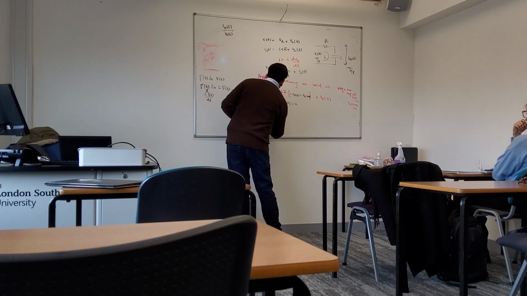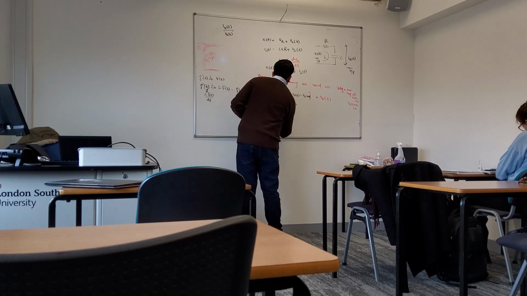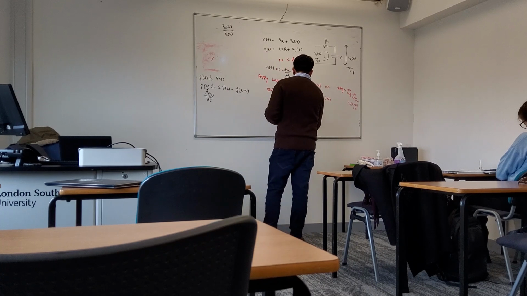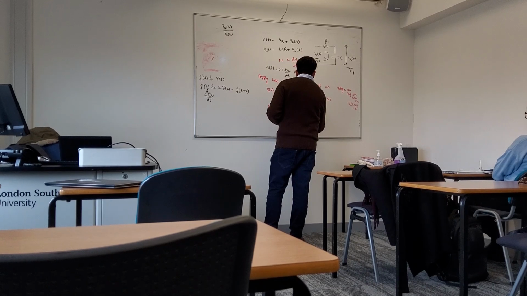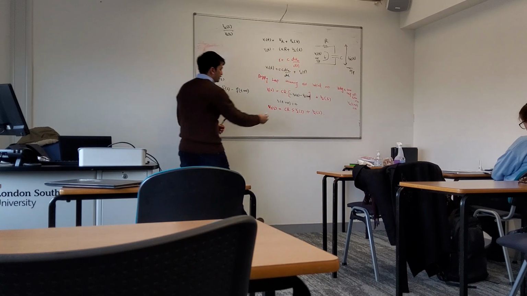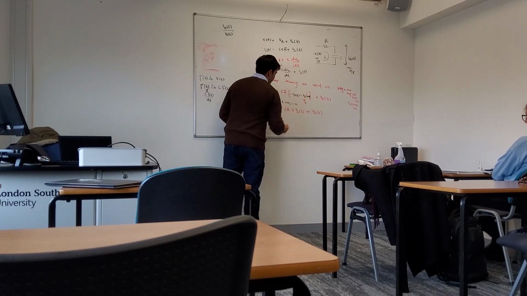So we can write it as V1(s) equals C times R times s V2(s) plus V2(s), where we have put the initial condition as 0.